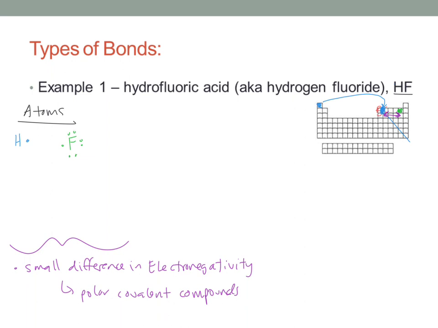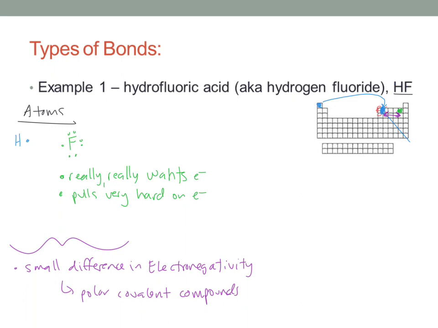Fluorine, we've said before, is very electronegative. It's the most electronegative element. So it really wants electrons. It pulls very hard on electrons. Whereas if I go over to hydrogen, I can't make such strong statements about it.